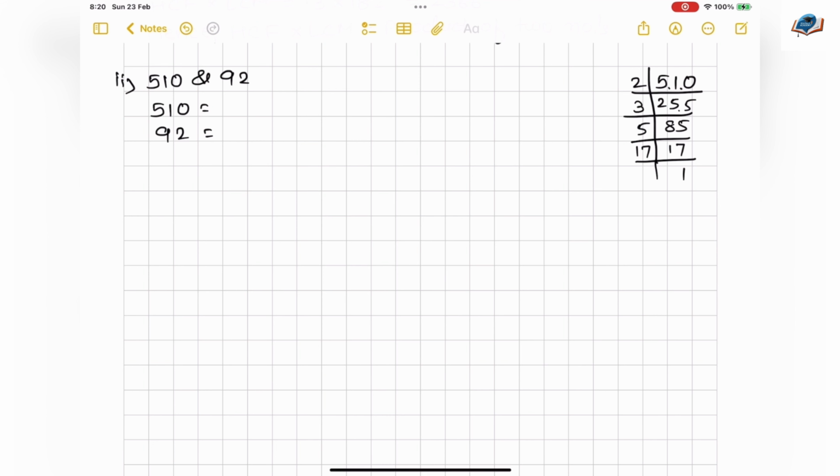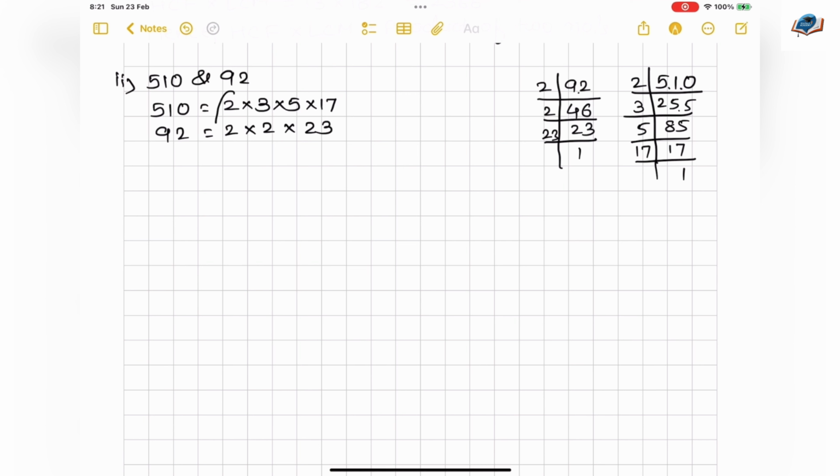So 510 comes as 2 into 3 into 5 into 17. And if I do 92, 2 into 46, 2 into 23, so 2 into 2 into 23.